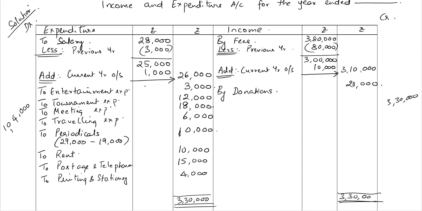And since the income side is greater than the expenditure side, we are left with a surplus. To surplus, 3,30,000 rupees minus 1,04,000 rupees. The surplus amount, 2,26,000 rupees. So this is the solution for the income and expenditure account.